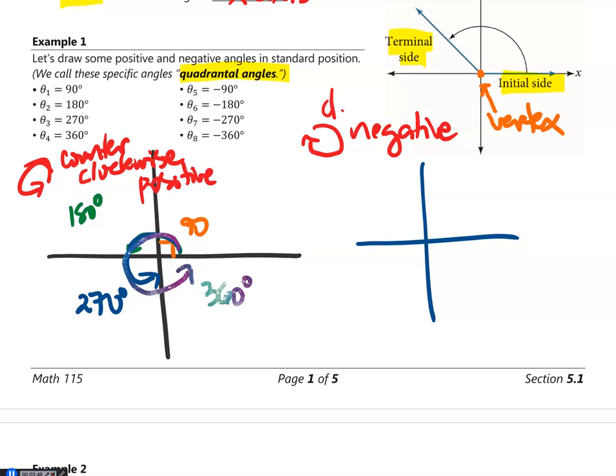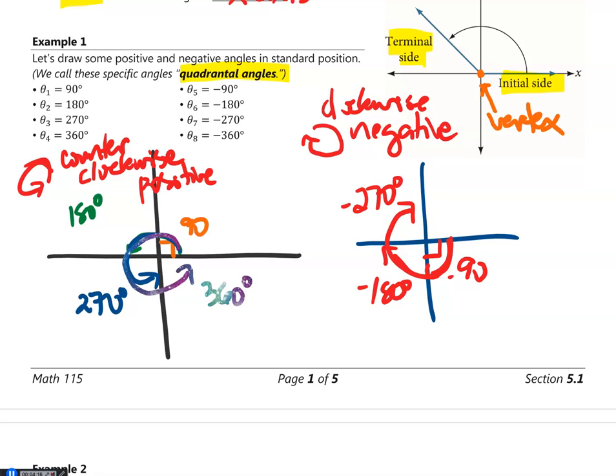So clockwise is negative. So negative 90. So from here to here, that is negative 90 degrees. Then negative 180. So from here to here, that is negative 180 degrees. Next, from here to here is negative 270 degrees. And from here to here is negative 360 degrees.